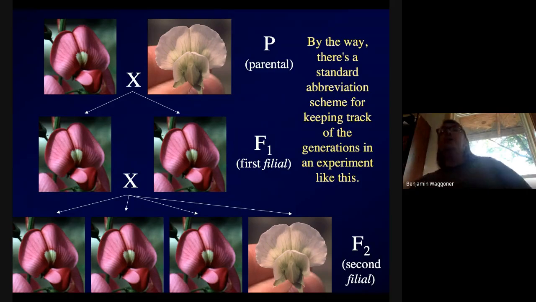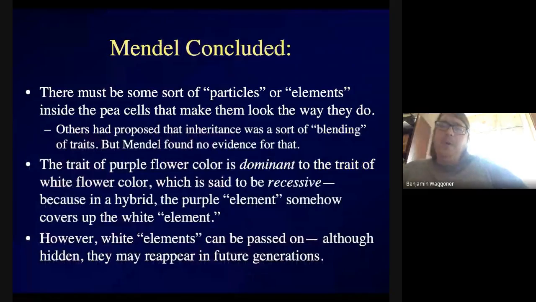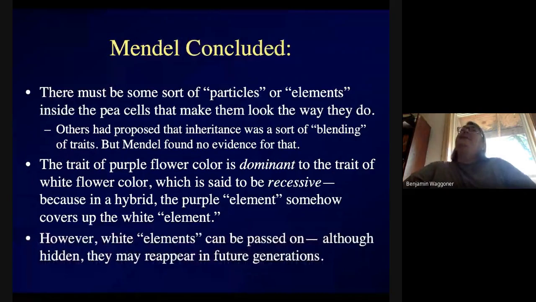So Mendel concluded that inheritance was particulate, meaning that there must be some kind of little particles inside those P cells that make them look the way they do. Something like marbles. If you mix purple and white paint, you can't unmix that, right?